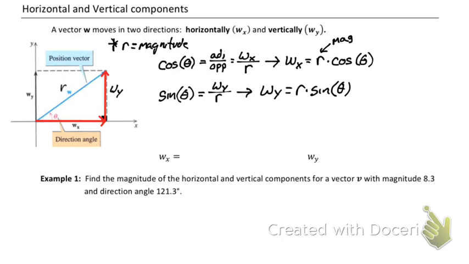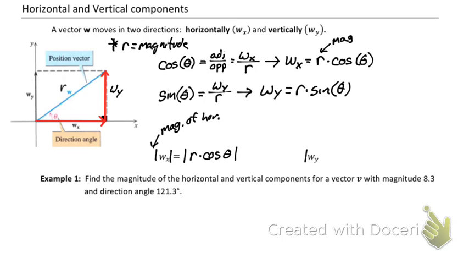Now, down here, we're going to write the formula. A lot of times, I'm going to ask you for the magnitude of the horizontal component. So this is my magnitude of my horizontal. That's going to equal the absolute value of r times cosine theta.